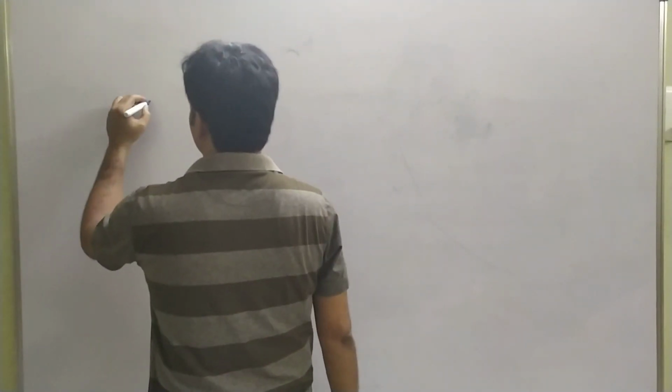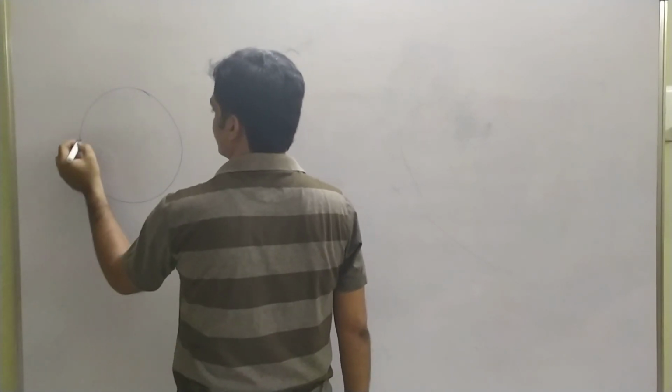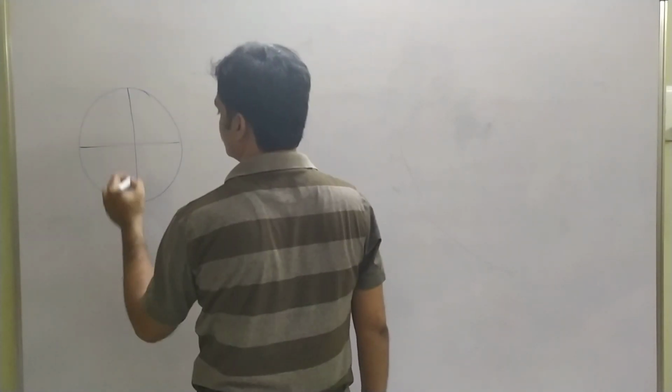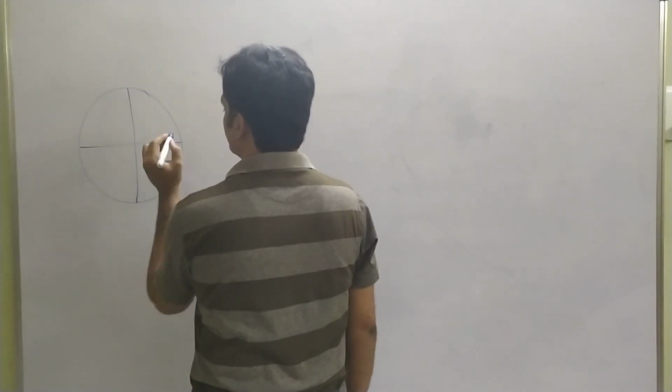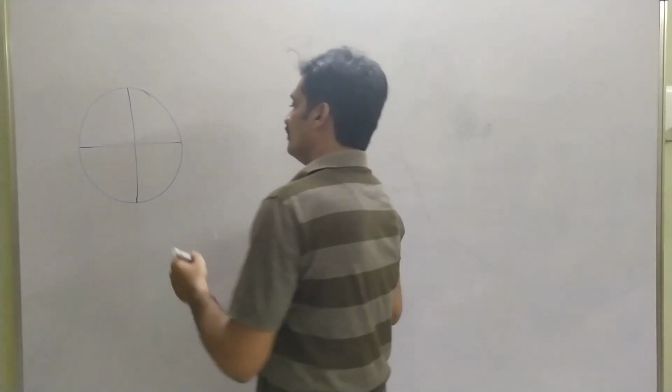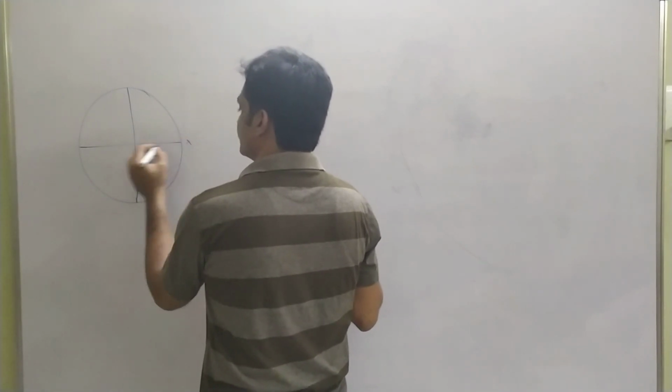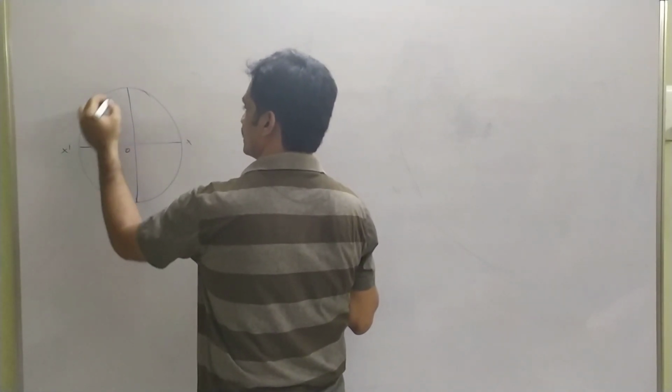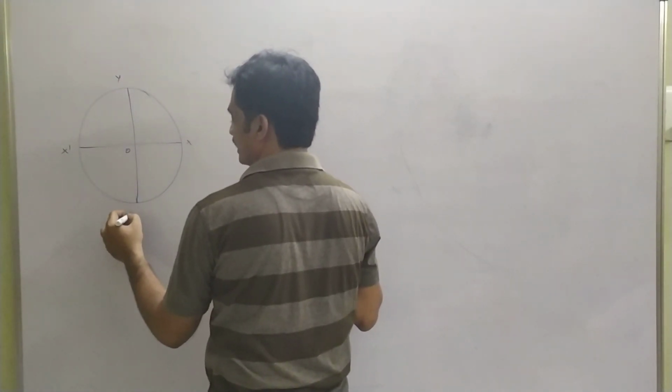Now here we are going to discuss the phasor diagrams based on this uniform circular motion. Here I am going to consider a particle moving in uniform circular motion, whereas the diameters are represented as XOX dash as well as YOY dash.